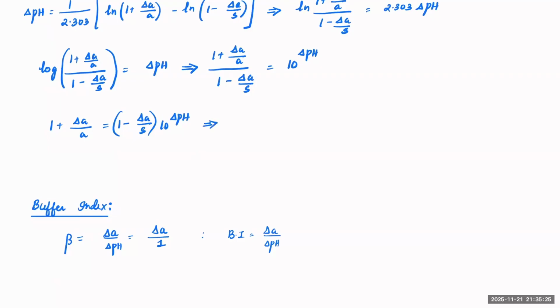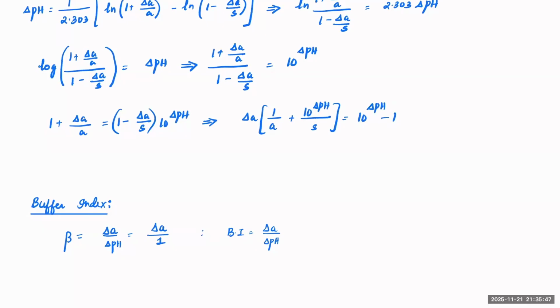So from here, if I take delta A common on both sides, after multiplication, I will get this as 1 by A plus 10 raised to power of delta pH divided by S is equal to 10 raised to power of delta pH minus 1. Okay.